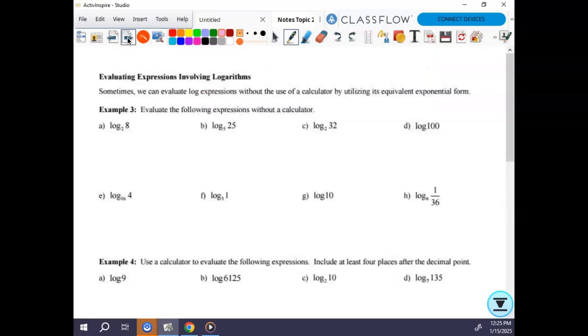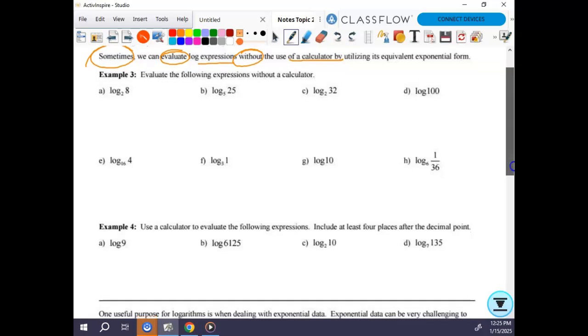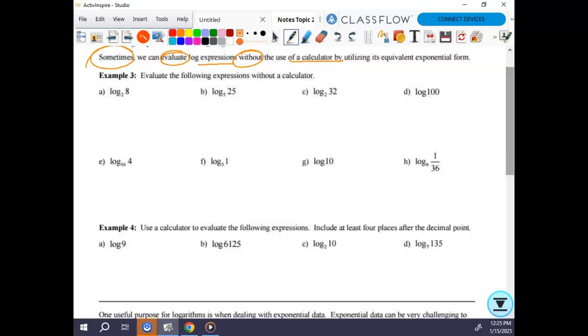Okay, good. So sometimes, not all the time, we can evaluate log expressions without the use of a calculator, okay? But not always. Sometimes we have to have a calculator to be able to really get what we need. But these first ones we're doing here, we can totally do without a calculator.